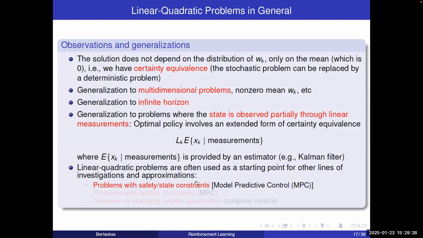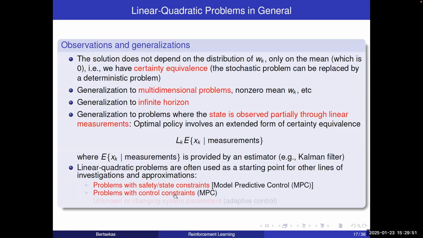So that's the next bullet here. Linear quadratic problems are often used as a starting point for other lines of investigations and approximations. For example, problems with safety constraints that arise in model predictive control, self-driving cars and things like that. MPC is the acronym for model predictive control.